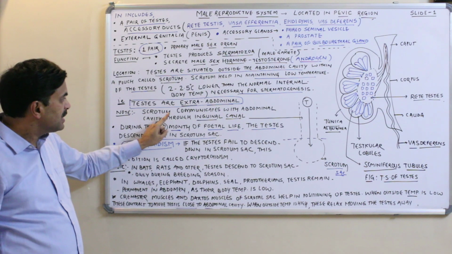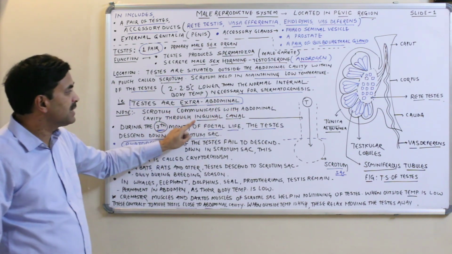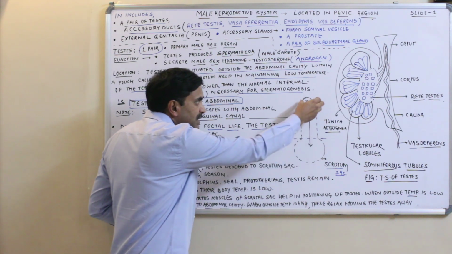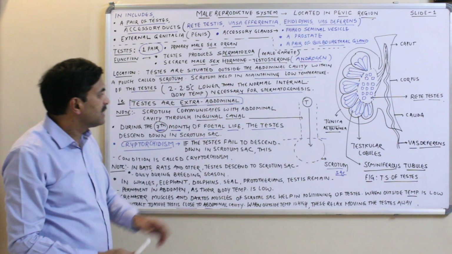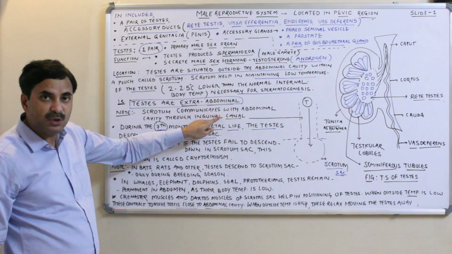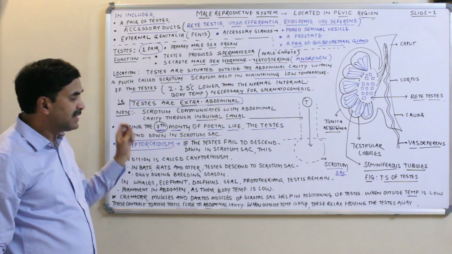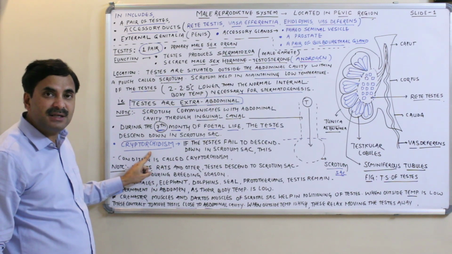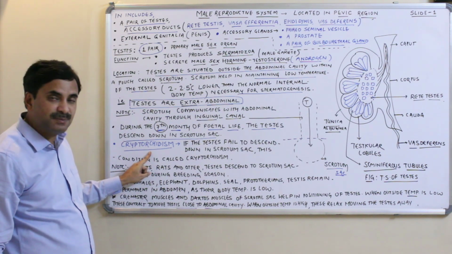So remember this: the scrotum communicates with the abdominal cavity through a canal, and this canal, through which the testes descend into the scrotal sac, is called the inguinal canal. Now there is a diseased condition known as Cryptorchidism.